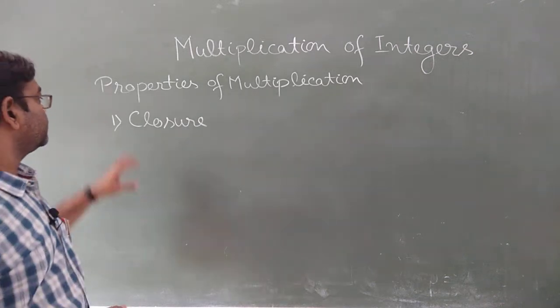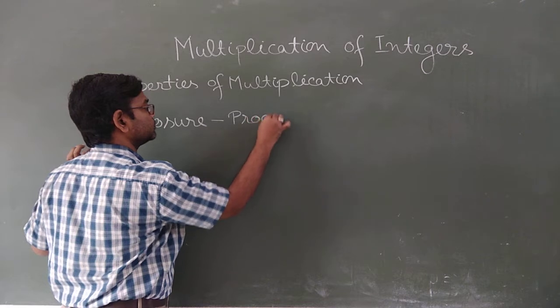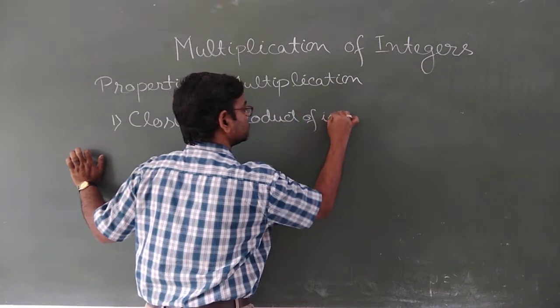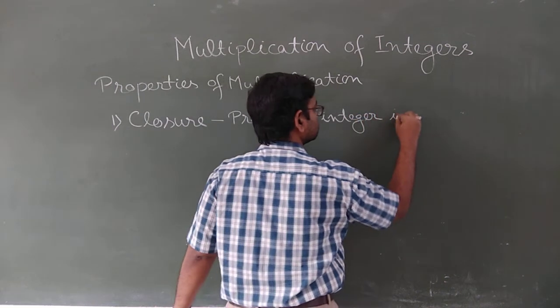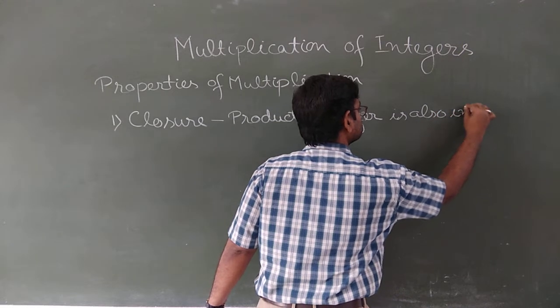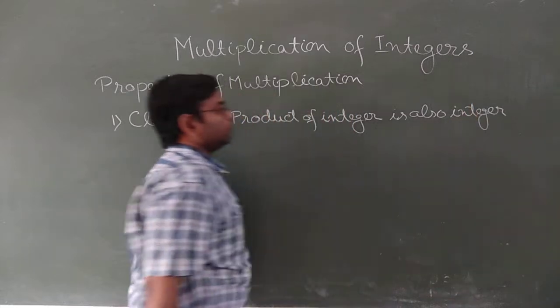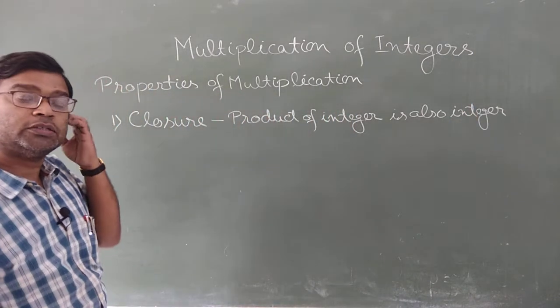So we can say that the product of integers is also an integer. This is known as the closure property.